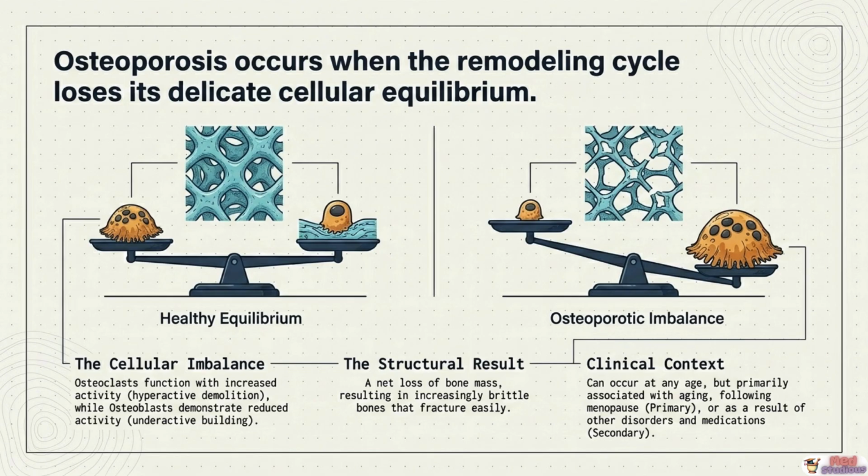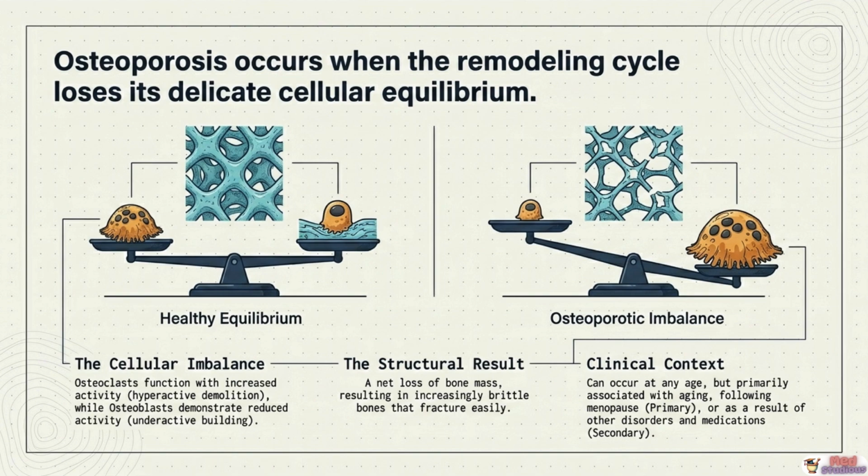The trabeculae of spongy bone, which should be thick, well-connected struts, become thinned, perforated, and eventually disconnected. Entire trabecular struts disappear. The cortical shell thins. The canalicular network of osteocytes becomes disrupted. The bone that remains is structurally compromised, capable of bearing far less load before fracturing.